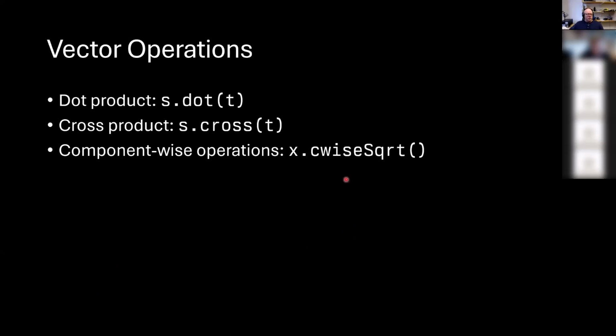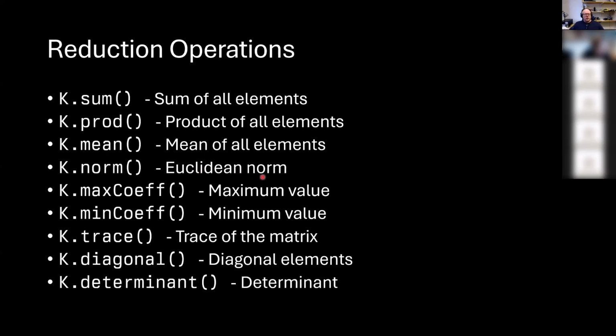You also have some vector operations. So you have dot, the dot product. You have the cross product using the cross method. And this I already told you, so it's a bit redundant. And then you have reduction operators that are part of the array object. So you can do sum, product, mean, norm, max.